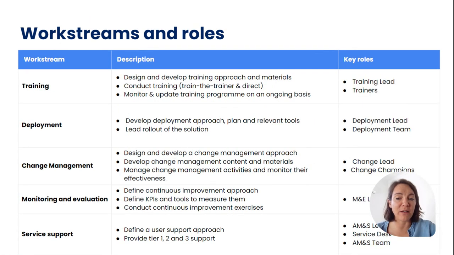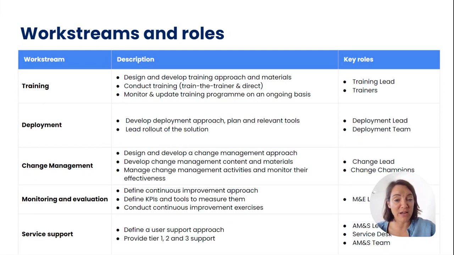We've got a training workstream. Now, a training lead and then a group of trainers, obviously dependent on the training strategy and approach that the training lead will develop. So the training lead will design and develop the training approach and the materials. They will conduct the training.